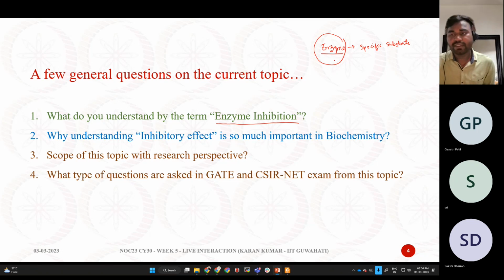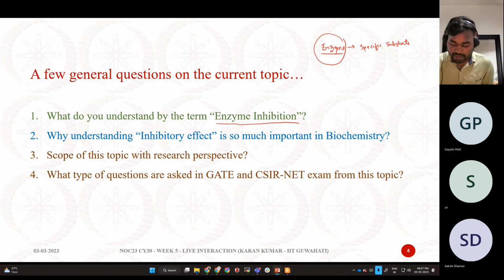Enzyme inhibition means, in some metabolic reactions, for example when a particular cancer is progressing through some metabolism, you want to target its metabolic pathway at a particular enzyme, because in that pathway there will be a set of enzymes.